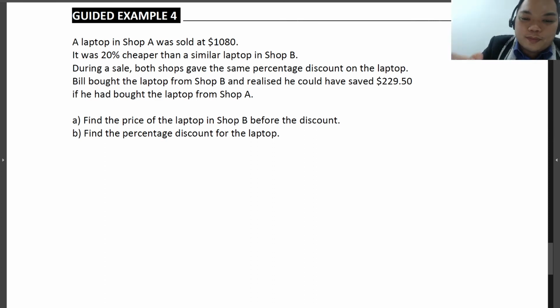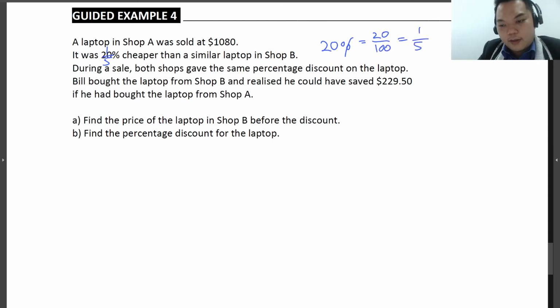Okay, so 20% cheaper, 20%, change this to a fraction, 20 out of 100. Then it simplifies down to 1 out of 5. 1/5 cheaper than a similar laptop in shop B. So this laptop is 1 unit cheaper than shop B's 5 units.